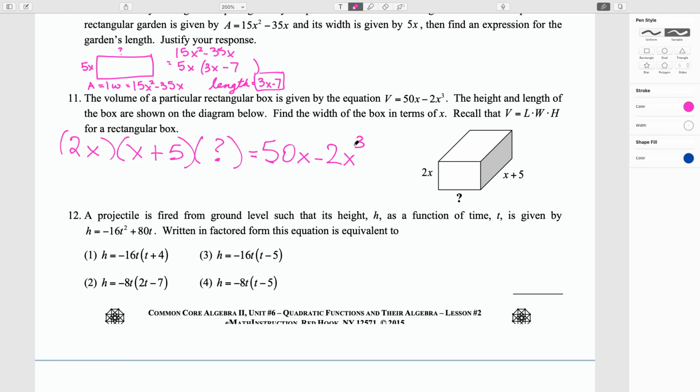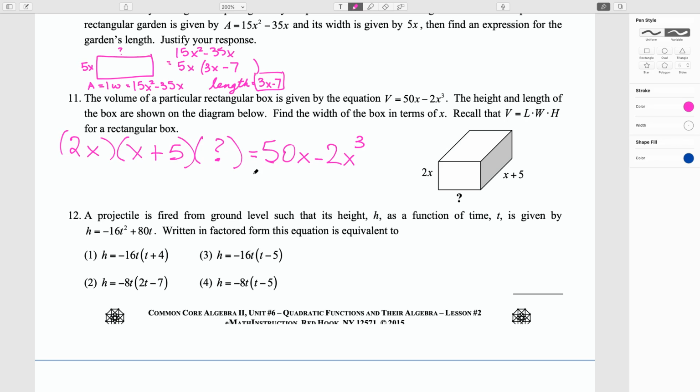How do we find out what's missing? There's a few ways we can approach this. Which way would you like to do? I think we can factor 50x minus 2x cubed.